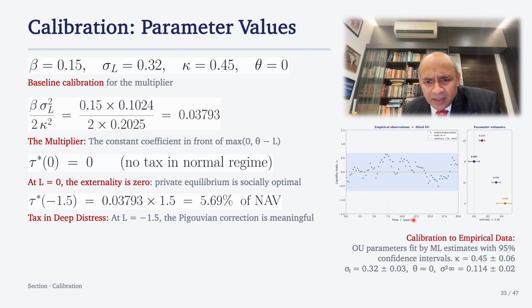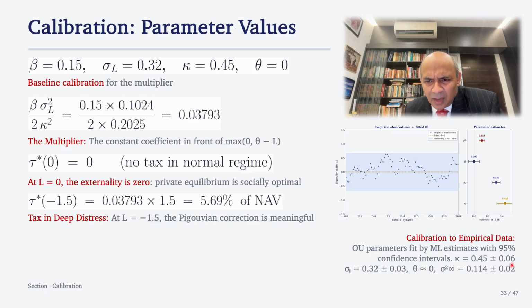Calibrated to empirical data, with the fitted OU model, it gives us the parameter estimates, all 4 parameters: sigma squared, theta, sigma_L, as well as kappa, in specific ranges.